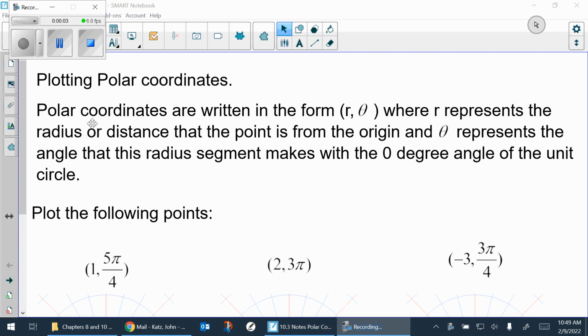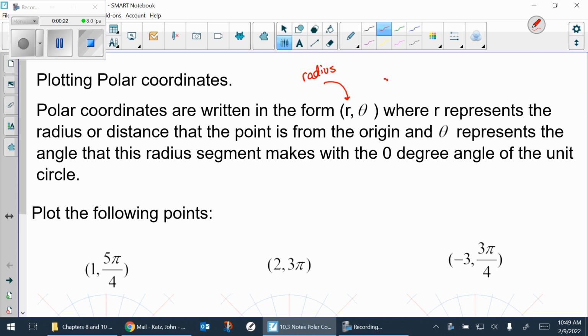Today we start our first of two sections on polar coordinates. And polar coordinates are written in this form, r theta, where r is the radius and theta is the angle measure.